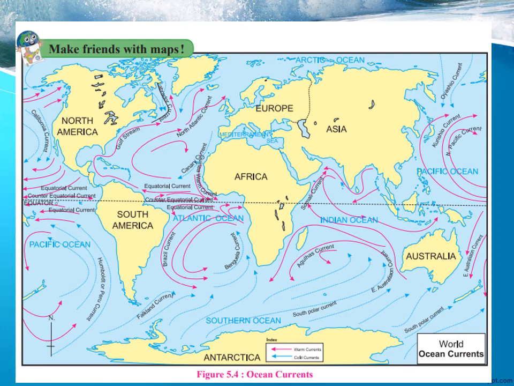What might happen at the places where these currents meet? Answer: thick fog is formed at the places where these currents meet. Now, these currents are warm and cold currents, as we studied earlier.